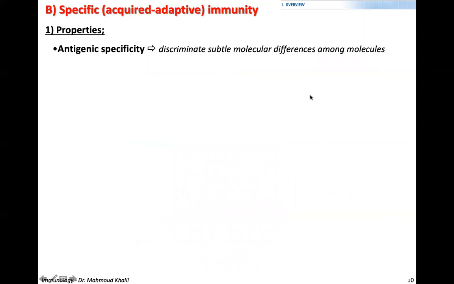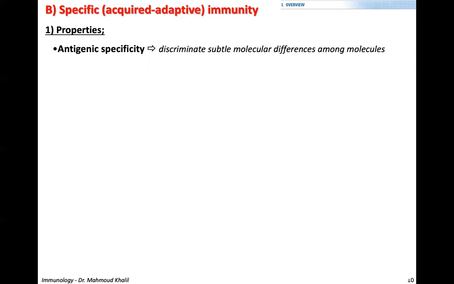For the specific immune system, you can see the properties. The specificity is determined by the antigen. So with antigen specificity, your immune system can differentiate between very subtle or minor changes, or even molecular differences among molecules.